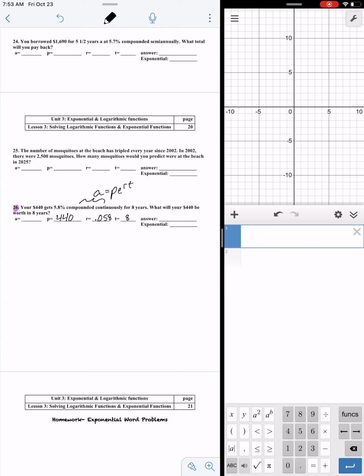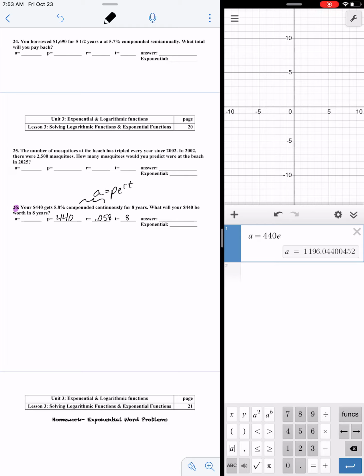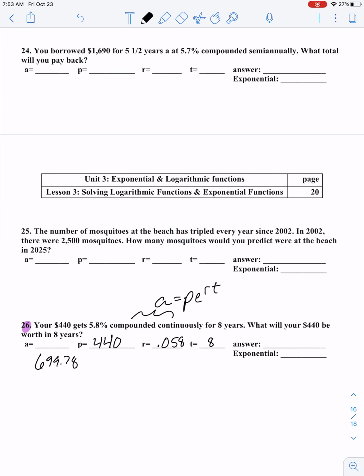So A equals P, which is 440, times E raised to multiple things in the exponent, so I put parentheses, rate, which is 0.058, times T, which is 8, is 699.78. And that is my answer.